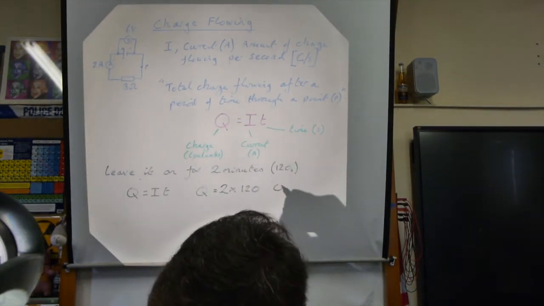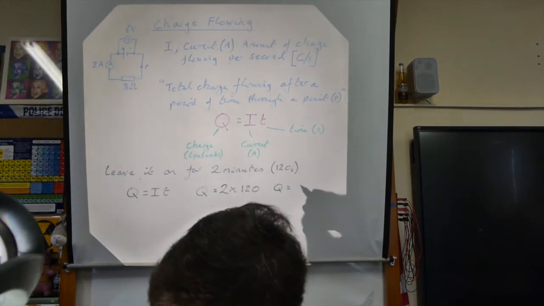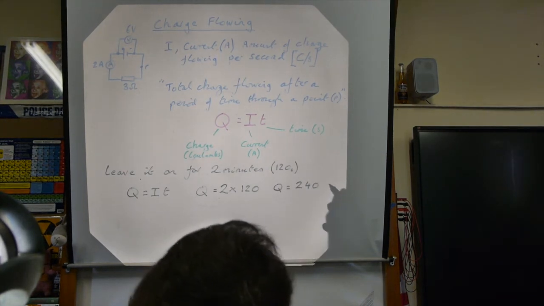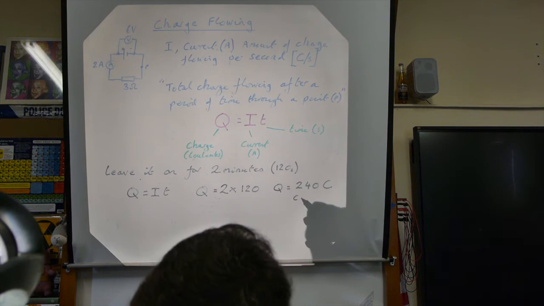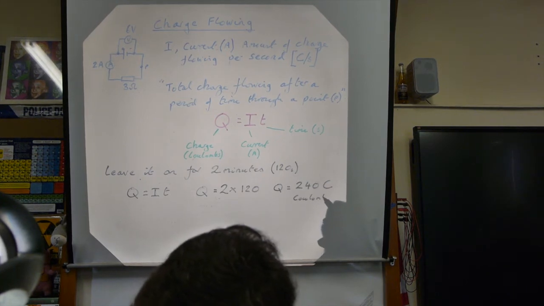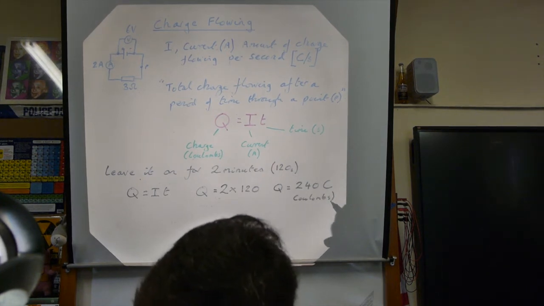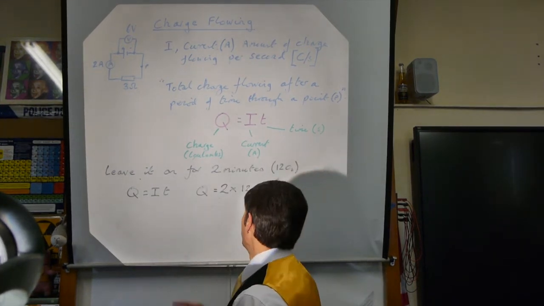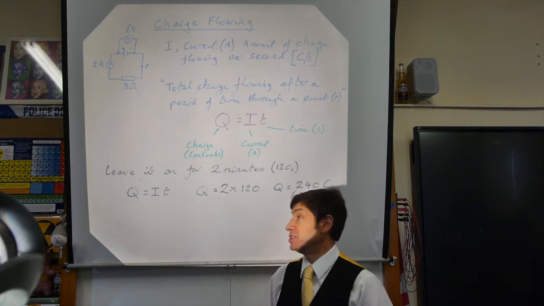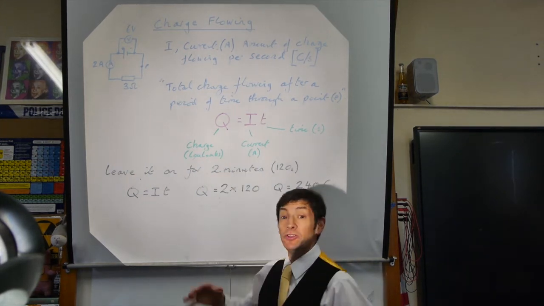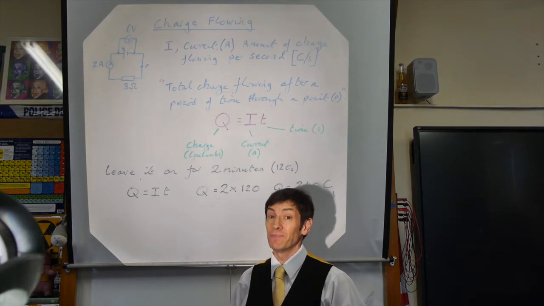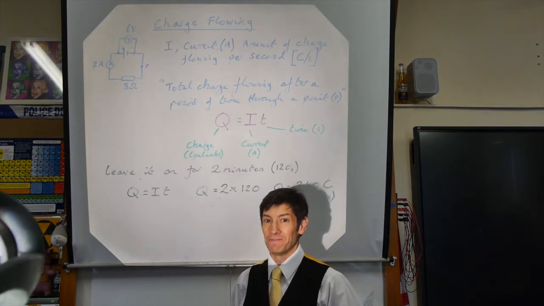So the charge that has flowed will be 240 coulombs. I'll write that underneath. Okay, I'll put it in brackets. So that's another formula that you need to be able to use at GCSE, and now you know how to calculate the amount of charge that's flowed in a circuit in a certain amount of time.